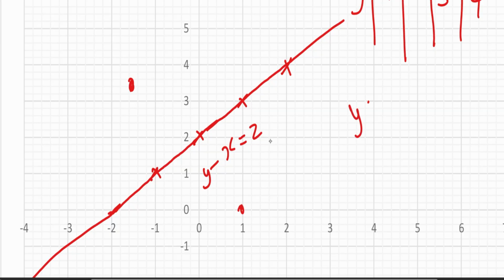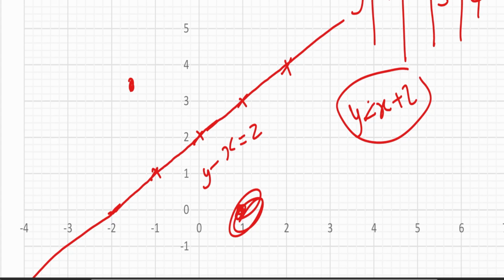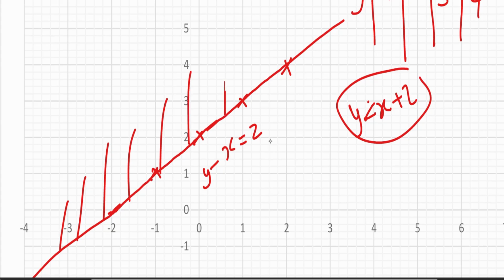The inequality is like this, so this symbolizes the bottom region. You need the bottom region, so you need this region here, and since you need this region, you shade the place that you don't need, which is here. So you shade this one. So that is very easy, right?